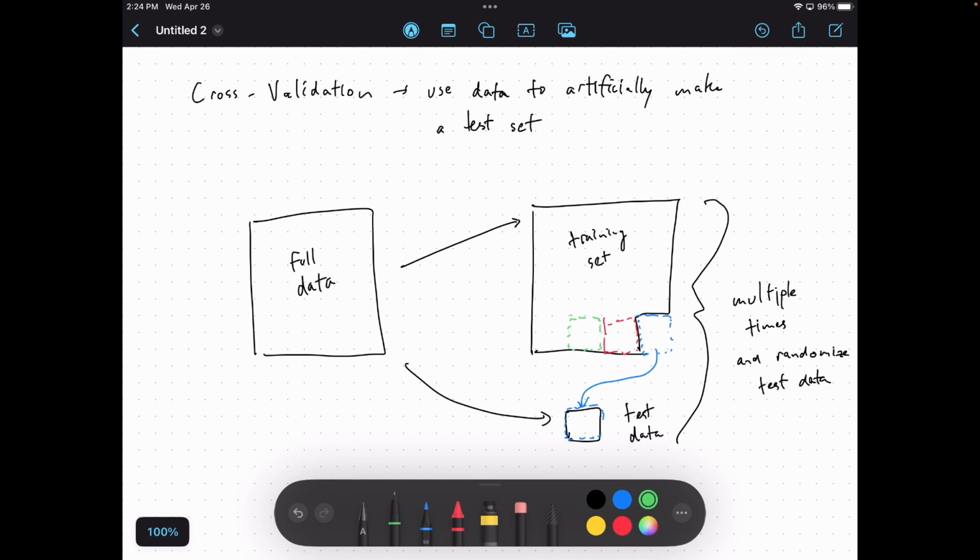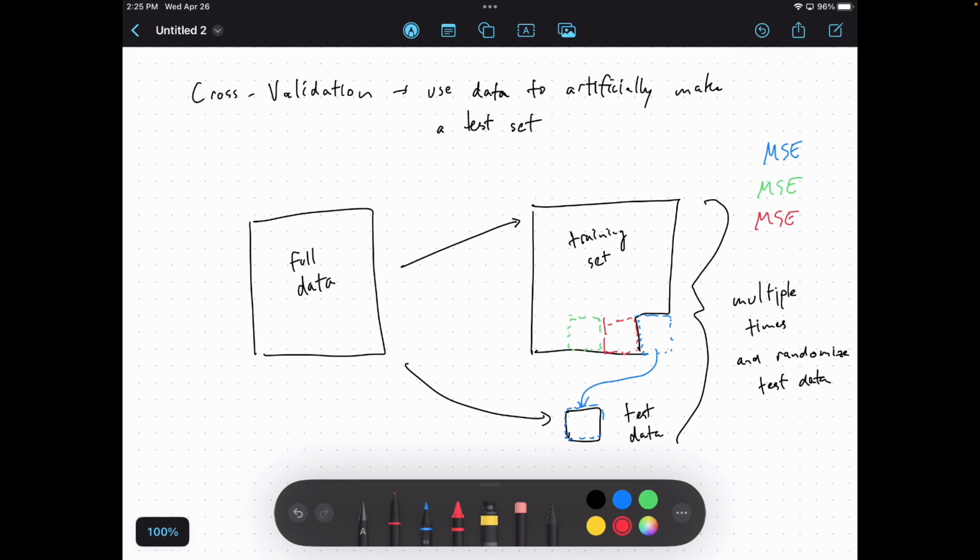And I can run my model multiple times, and each time I can have a mean squared error for my blue set, a mean squared error for my green set, a mean squared error for my red set of data, and at the end you can average them. And this way I can test a particular model and robustly train it across all of the data, but in portions at a time, and then test it out.